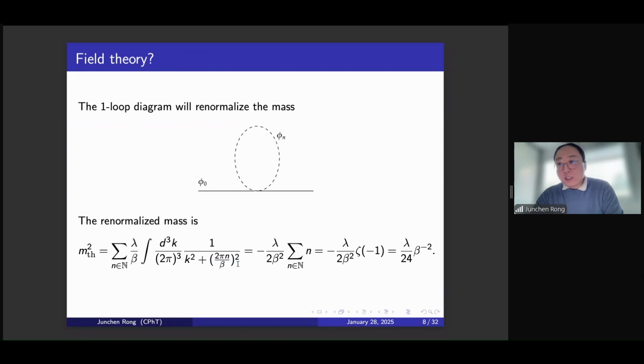This integral is divergent, but you can regularize it using gamma functions or whatever. And then you get a summation over an infinite number of integers, and this you can regularize using zeta function regularization. In the end, we get a term which is proportional to beta, where beta is 1 over T. So this is your thermal mass.